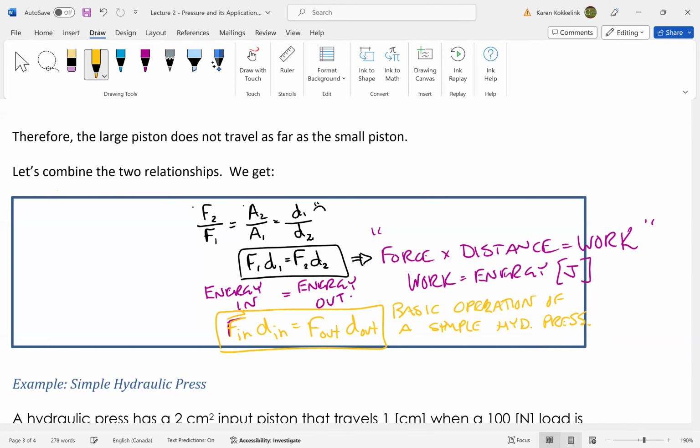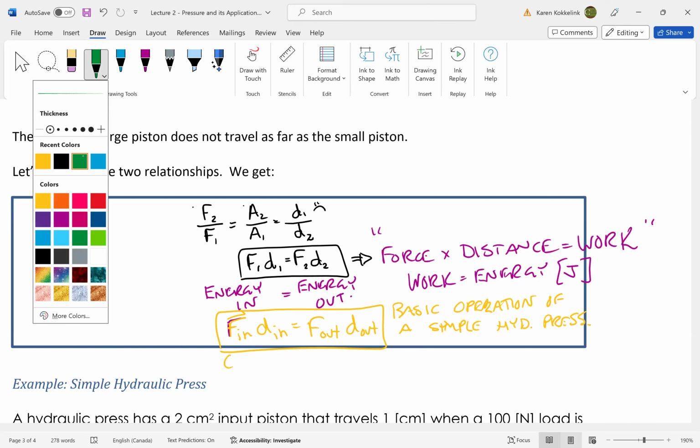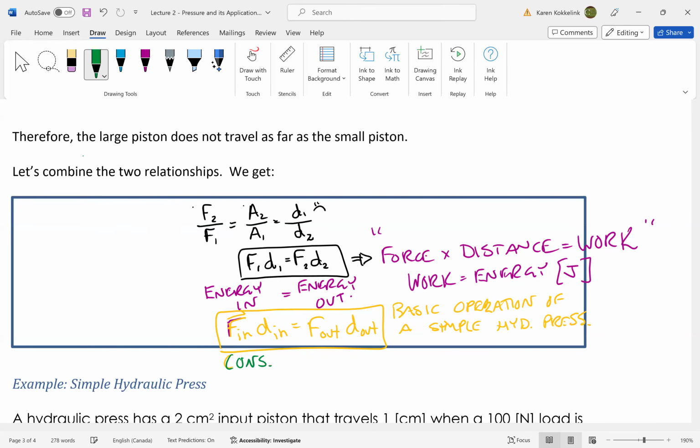And if energy in equals energy out, we are very happy about that, because that means conservation of energy. We are satisfying our Newton's laws. All is good with the world. We hope that we have conservation of energy.